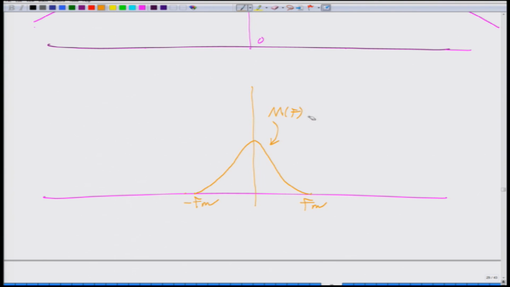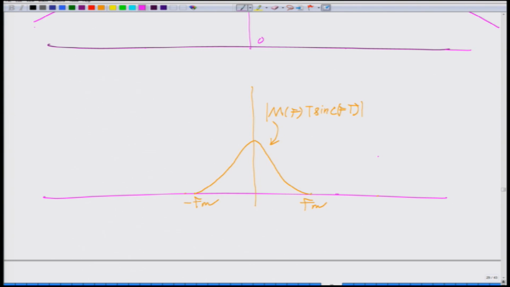Let us say we are plotting simply the magnitude spectrum, magnitude M of f, T sinc f T, and this will be from Fs minus Fm to Fs plus Fm.